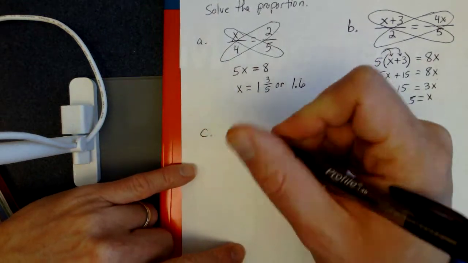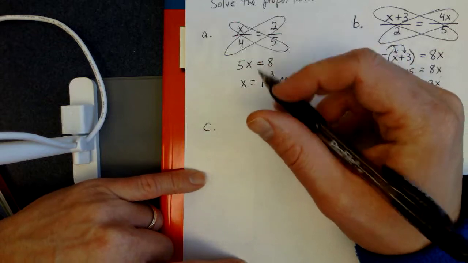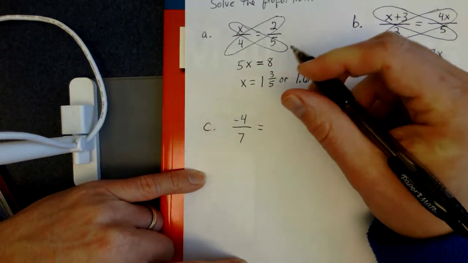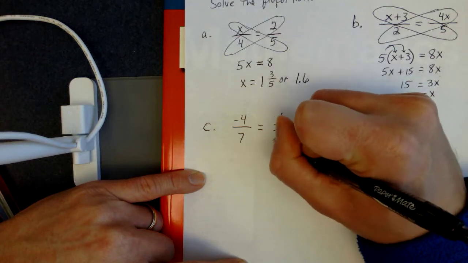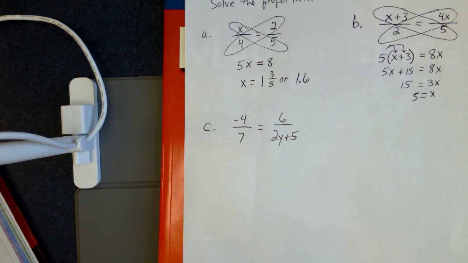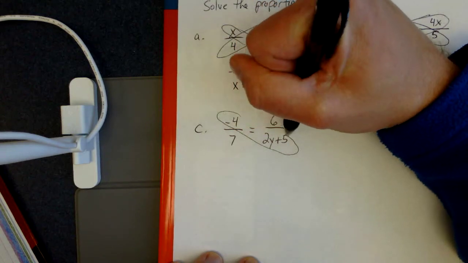All right, let's try another one. Let's take negative 4 over 7 equals 6 over 2y plus 5. And again, your directions will be to solve the proportion. We're going to do that by cross multiplying.